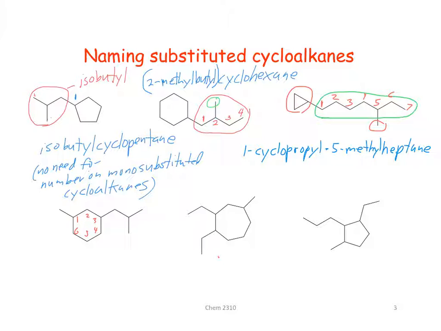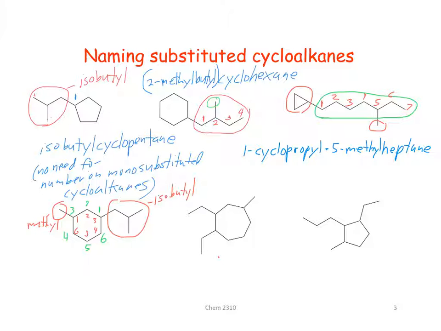All right, so that would give us a 1 and a 3, the methyl group at 1, and what's this group here? Okay, we could call this an isobutyl group. All right, and this is a methyl. Okay, or we could start at the other side. 1 for the isobutyl, 2, 3, 4, 5, 6.